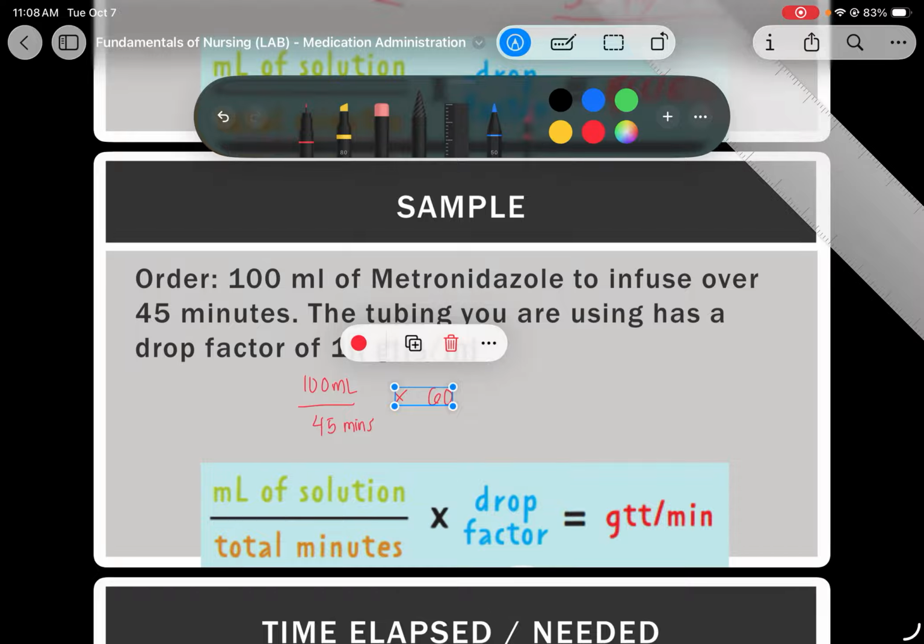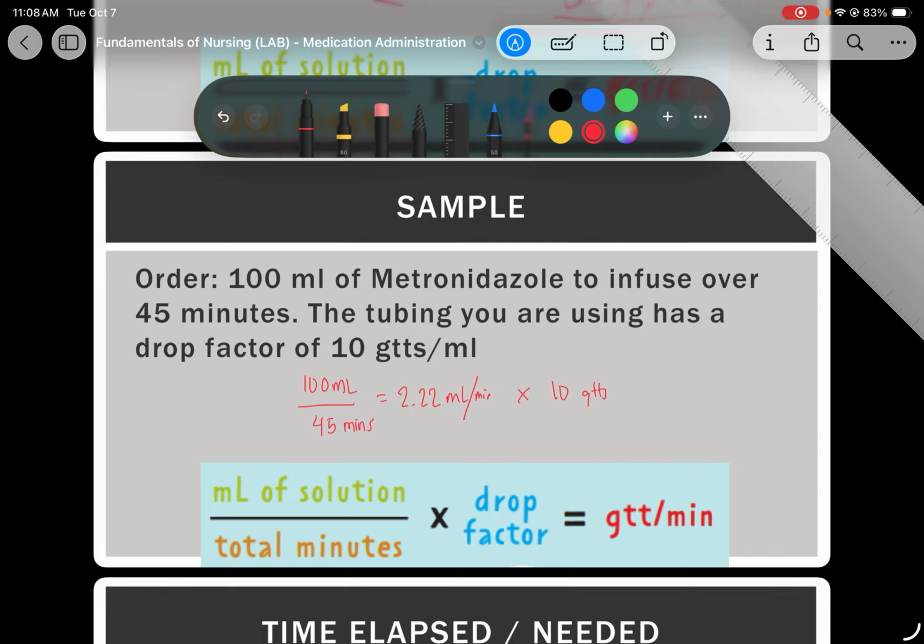We have to compute the 100 divided by 45 minutes first. So 100 divided by 45 minutes is 2.22. Okay, 2.22 ml per minute. Times our drop factor, class. What's our drop factor?